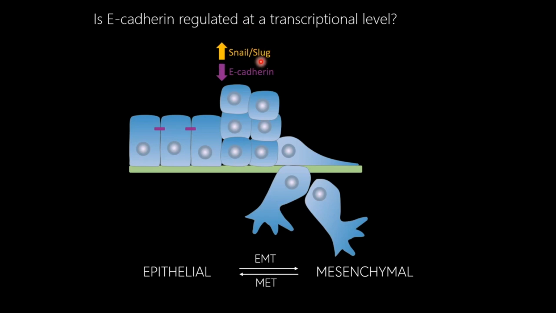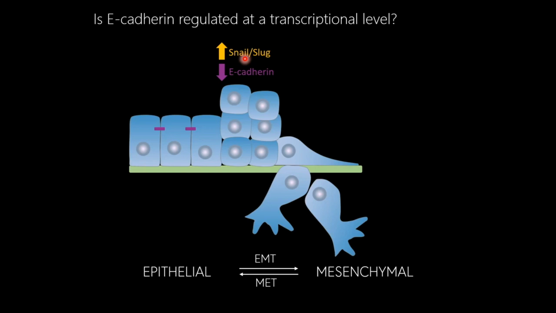This SNAIL family has many members, including SNAIL and SLUG, and they mediate a process called epithelial to mesenchymal transition. This is when cells lose the polarized epithelial identity and become mesenchymal, more invasive, more proliferative. And this is mediated by these factors that repress the transcription of E-cadherin.